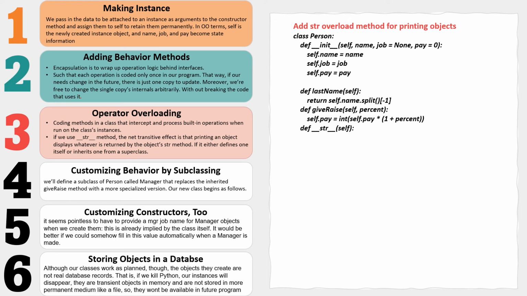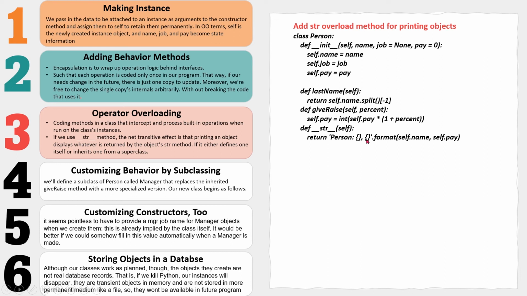Now what do we want to return? The string is the name of the class, that is Person, and then two curly braces, which are placeholders for the variables, and then the format is self.name, one instance attribute, and self.pay, another instance attribute.